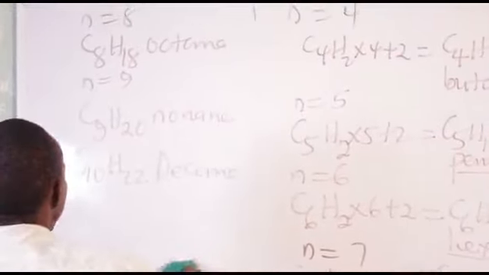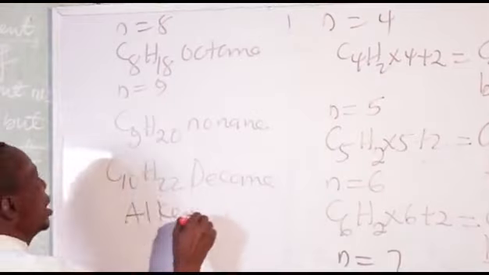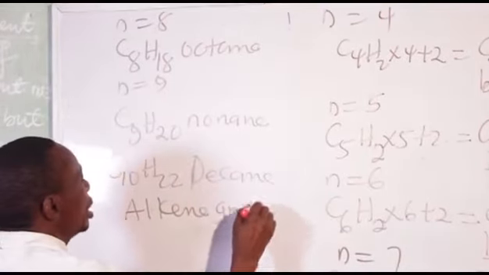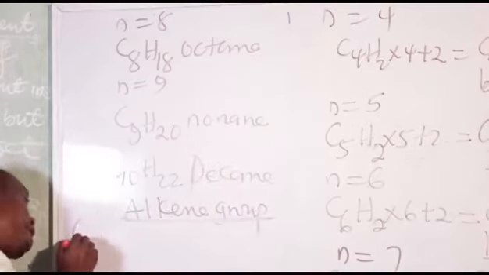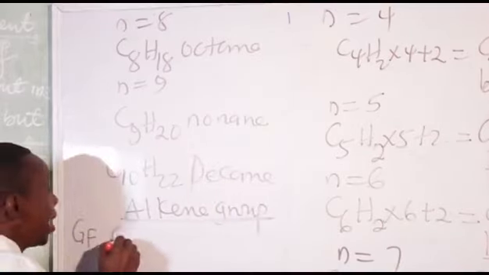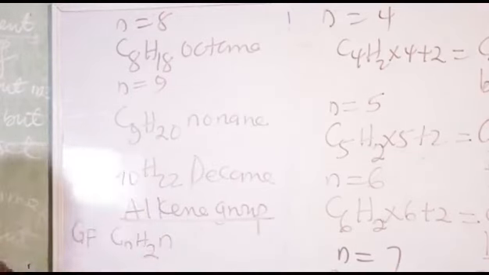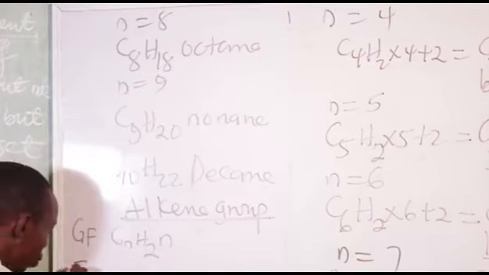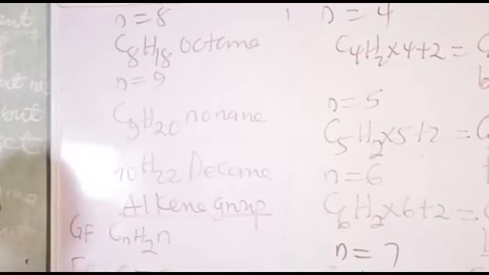I'm taking you to the alkene group. The alkenes. Their general formula is CnH2n. Note that. And their functional group is the double bond, carbon to carbon.